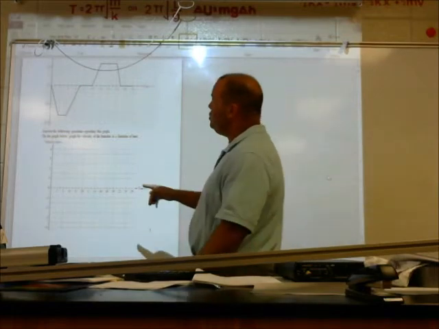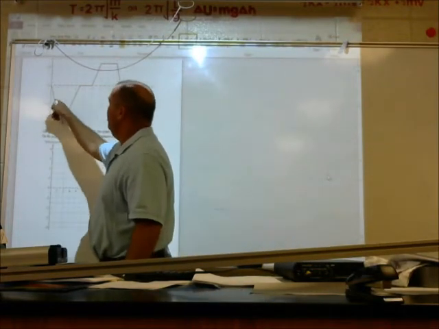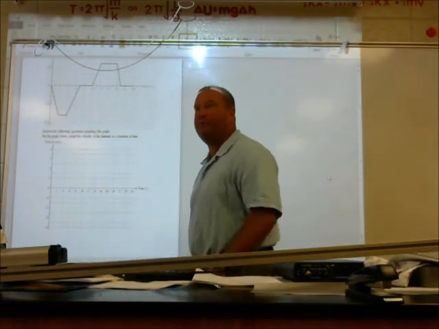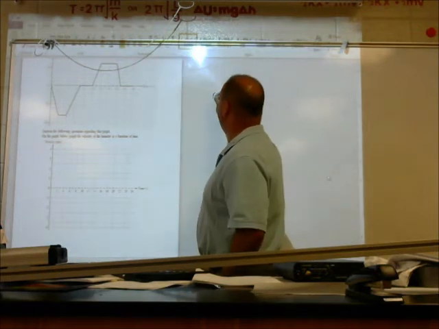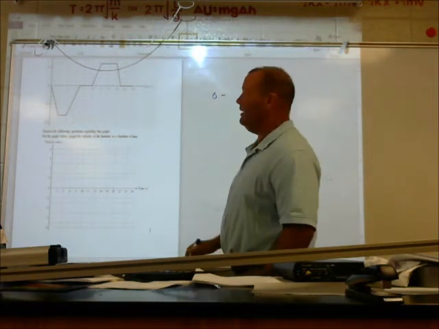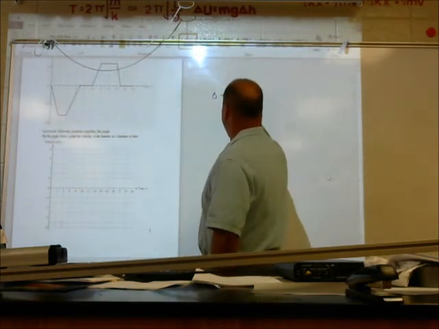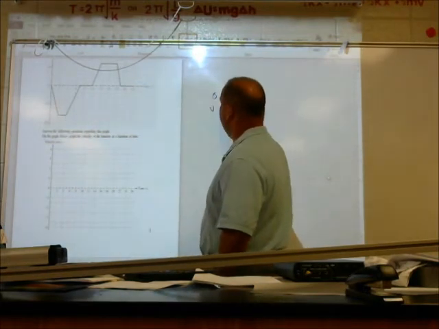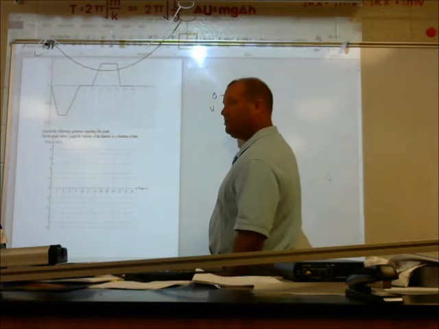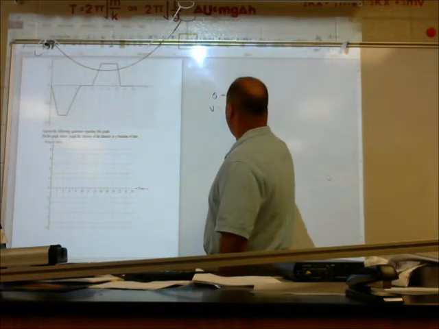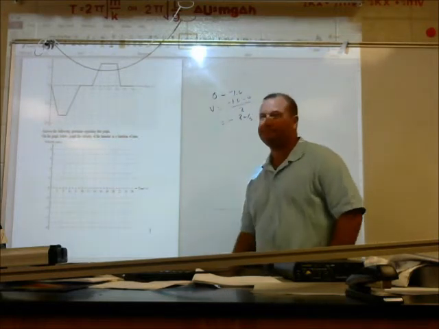During the first 2 seconds of the motion, where does the hamster move? It goes from 0 to where? Negative 1.6, right? So the velocity would be change in position, which is negative 1.6 minus 0 over the time of 2, or negative 0.8 meters per second.